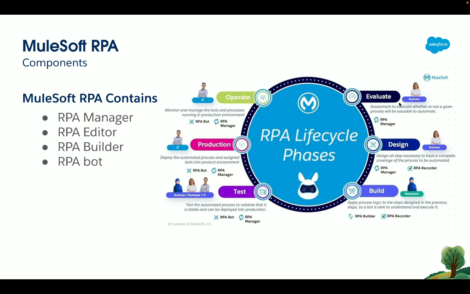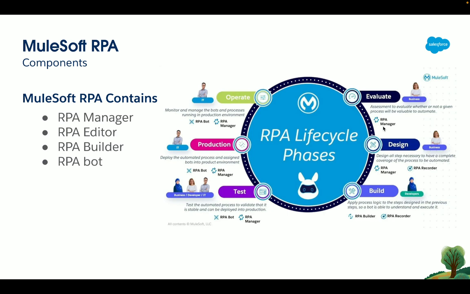When we have a product, we have a life cycle around it to use the product in a better way. Starting with evaluation, which is optional, we evaluate whether the process can be automated by MuleSoft RPA or not.